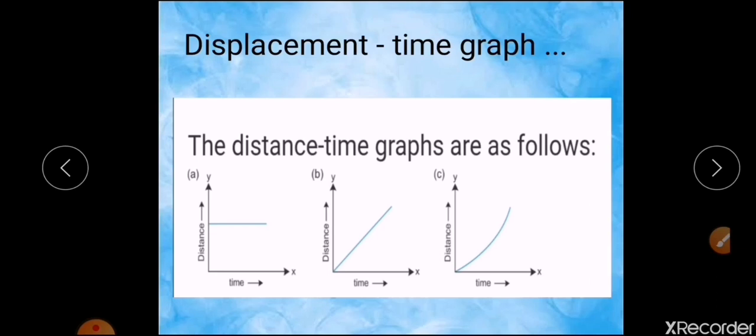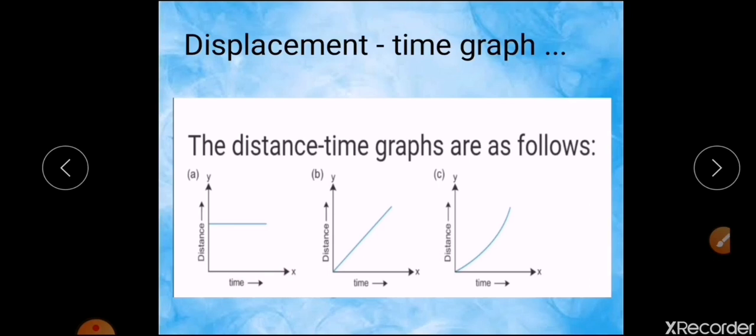And one more thing, whether it be a displacement time graph, distance time graph, velocity time graph, or acceleration time graph, always time will be on your x-axis. Along your y-axis, for a displacement or distance time graph, it will be distance; for a velocity time graph, velocity; for an acceleration time graph, acceleration.